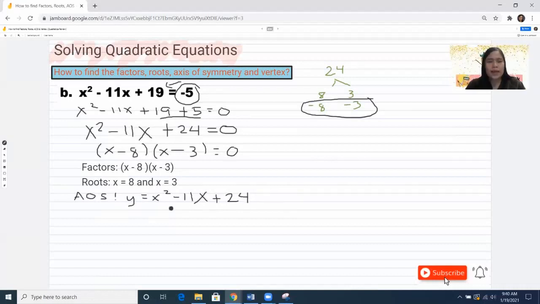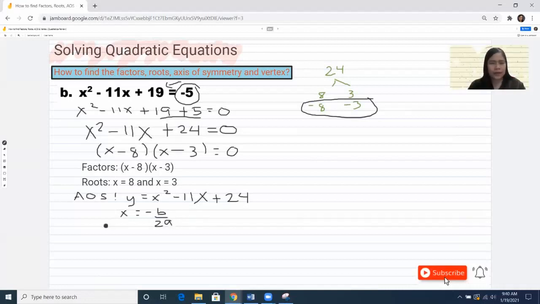There you go. And then how can we get the axis of symmetry? The formula is negative b over 2a. Don't forget that, negative b over 2a.